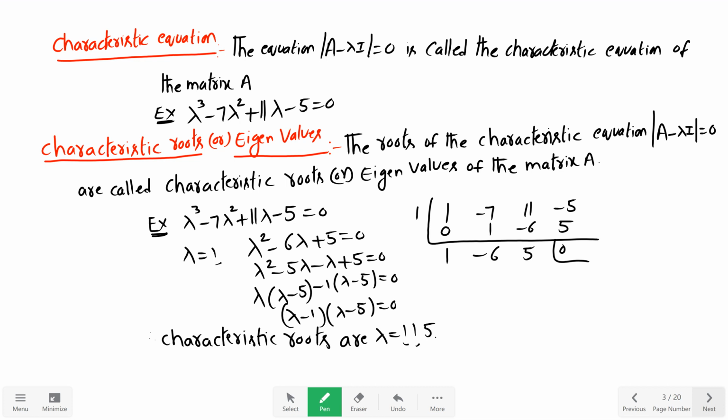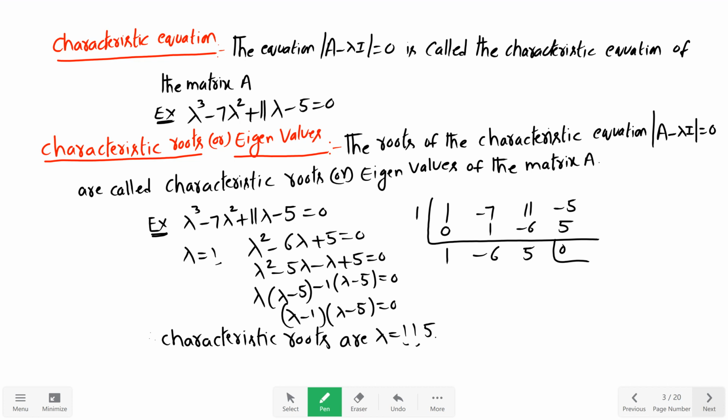The next definition is characteristic roots, or eigenvalues. The roots of the characteristic equation determinant of A minus lambda I equal to 0 are called characteristic roots or eigenvalues of the matrix A. For example, lambda cube minus 7 lambda square plus 11 lambda minus 5 equal to 0.